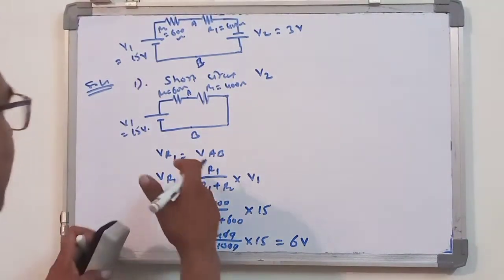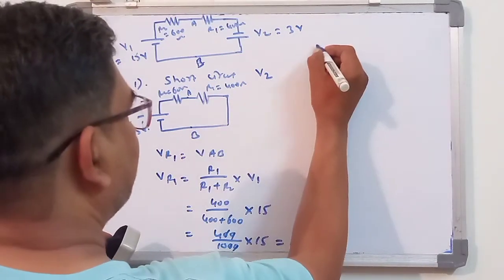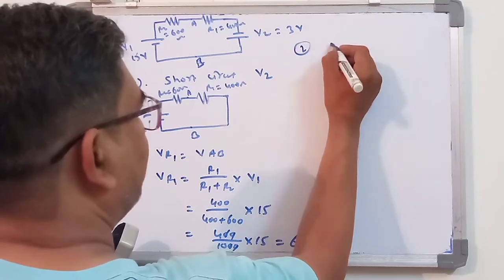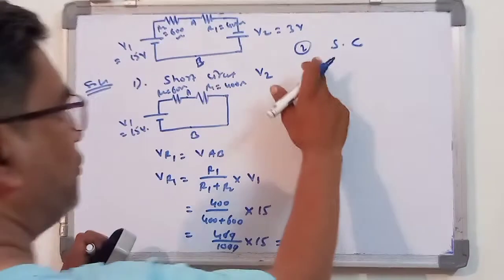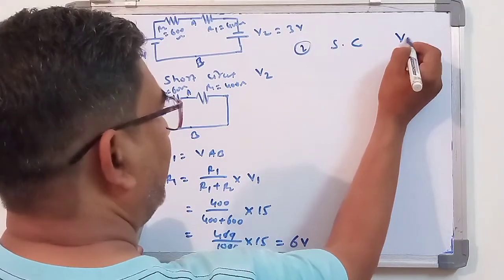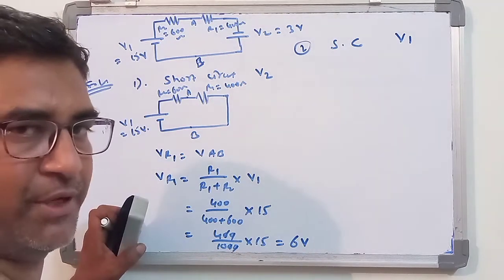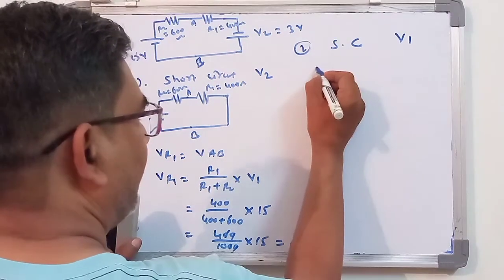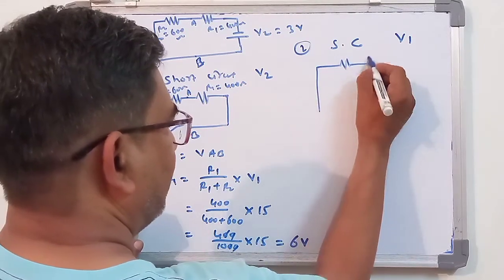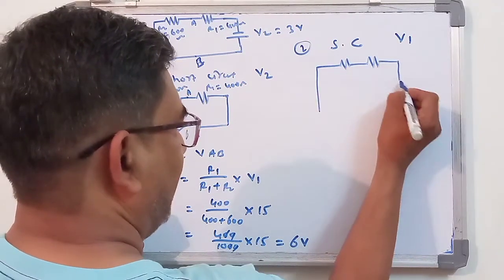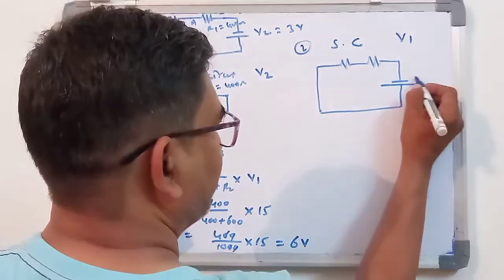Then consider the second one, the second short circuit. I will write them only in short form. Short circuit the V1. Okay, after short circuiting the voltage V1, you will get the short circuited voltage V1, resistor, this resistor, and now this voltage you will be obtaining like this.